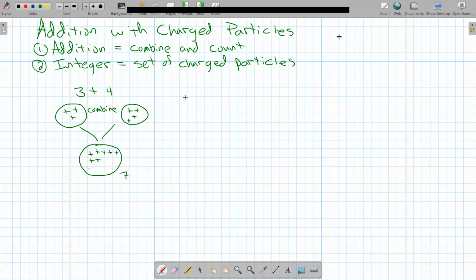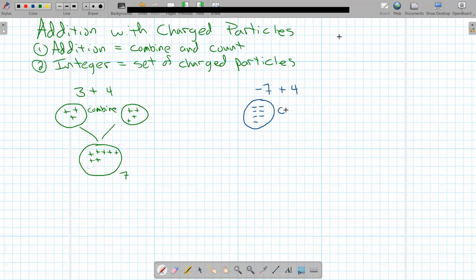But I can do some things I couldn't do with whole numbers before, because now I have these positive and negative numbers. Suppose I had something like negative 7 plus 4. So in this case, I would have to show negative 7. 1, 2, 3, 4, 5, 6, 7.